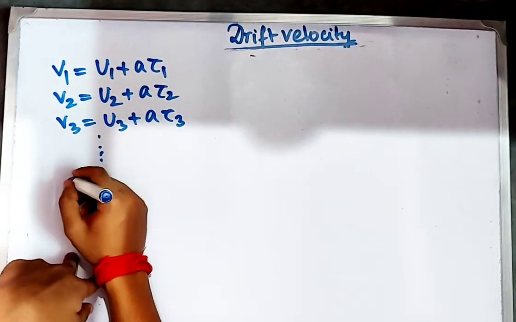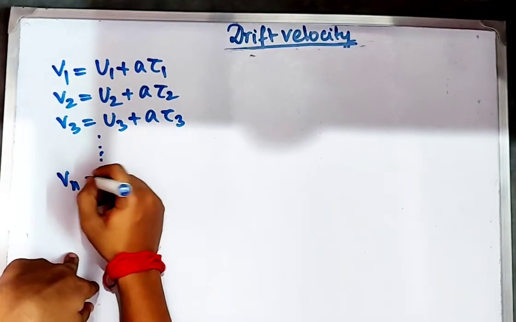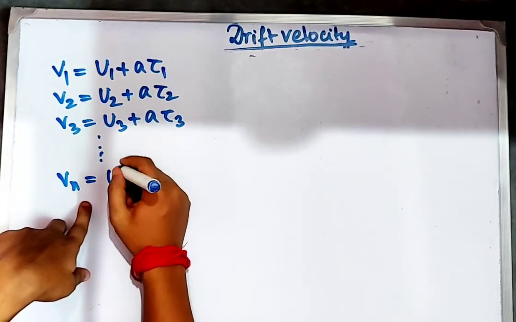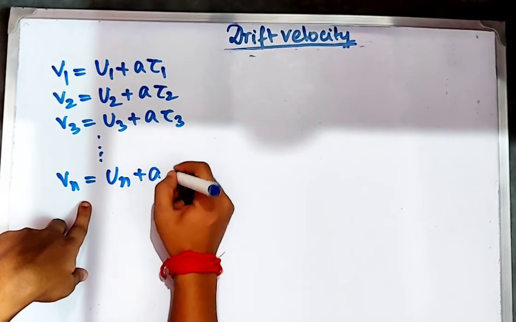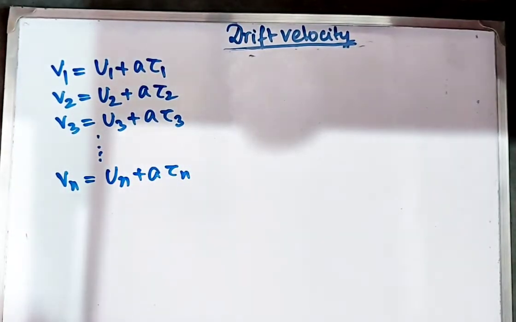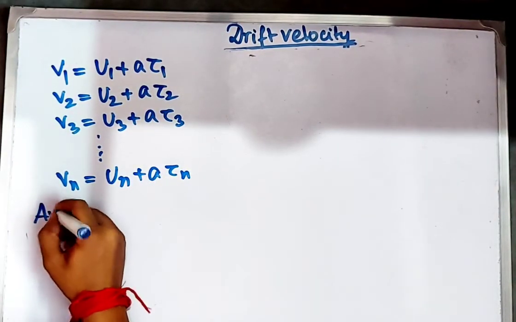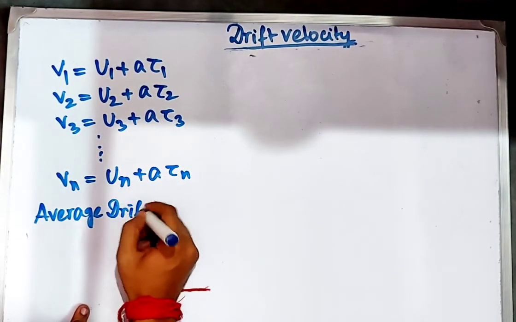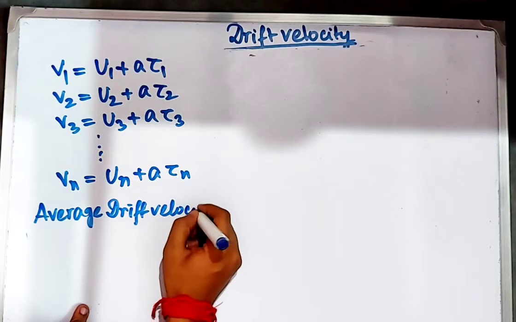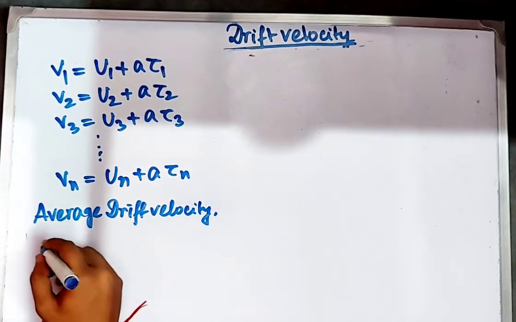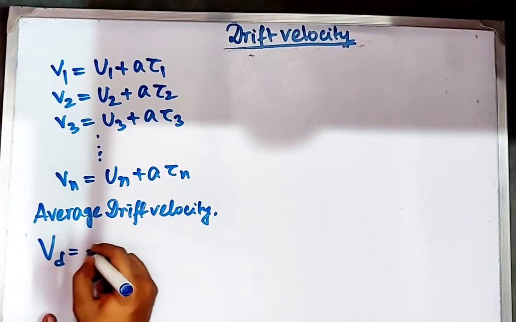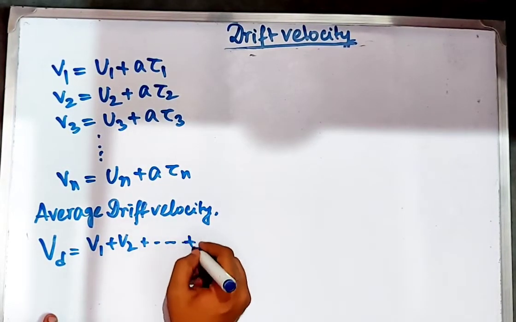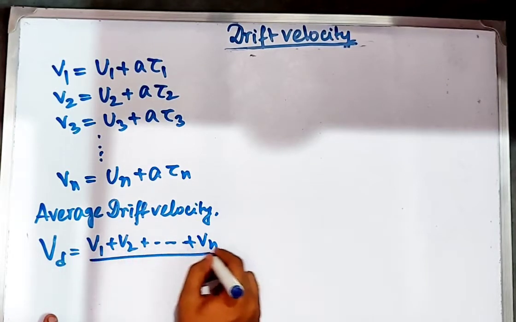So this is how, if we have n number of electrons, then the average drift velocity Vd is V1 plus V2 plus up to Vn divided by n.